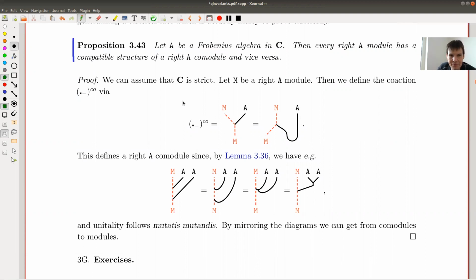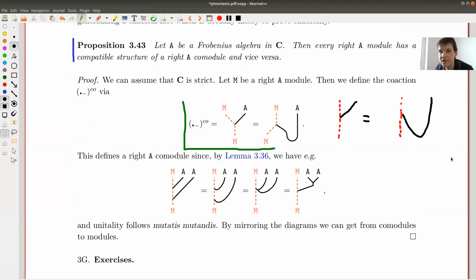The proof is I define my co-action by using my action. So here's my M, and I want to define this thing. I only know how to define this thing because that's where I started, and I just use the map from before to pull it up.